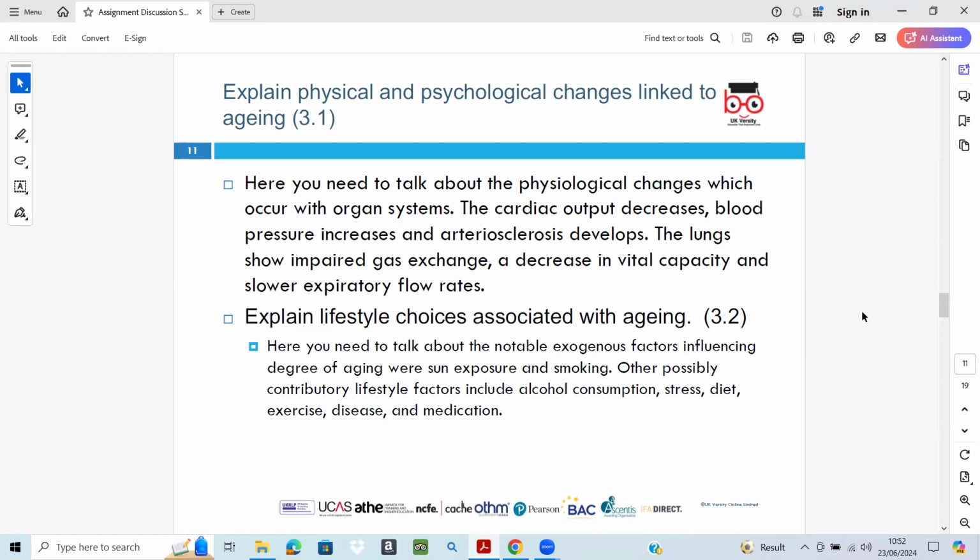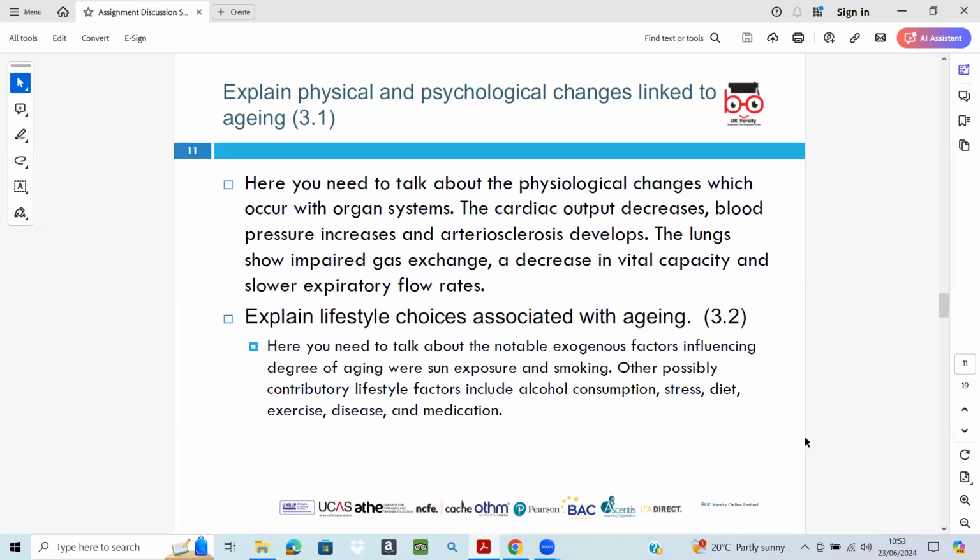They have given the blood pressure increase and sensitivity to medication.